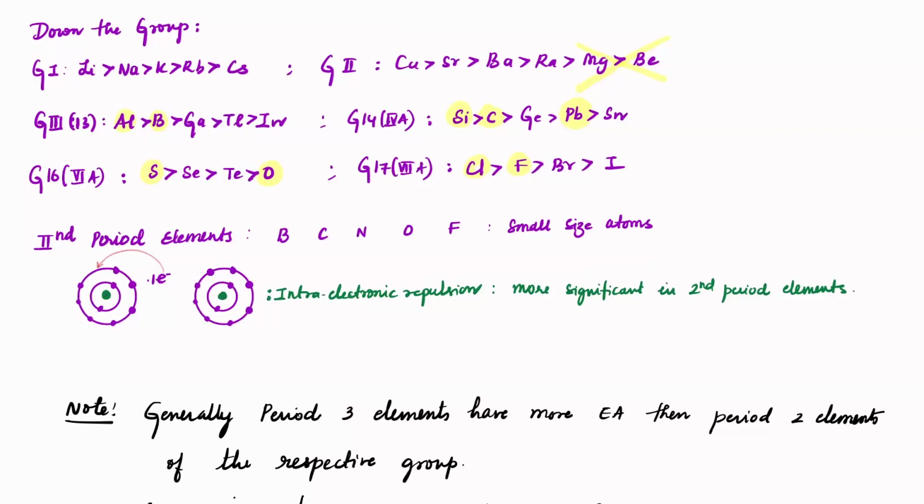And because it gets an octet completion, a huge amount of energy is released. So fluorine, although it holds on to high electronic repulsions, is also releasing a large amount of energy because it is completing its octet. That's the reason you will not see a lot of variation between chlorine and fluorine, but a very high variation between sulfur and oxygen.